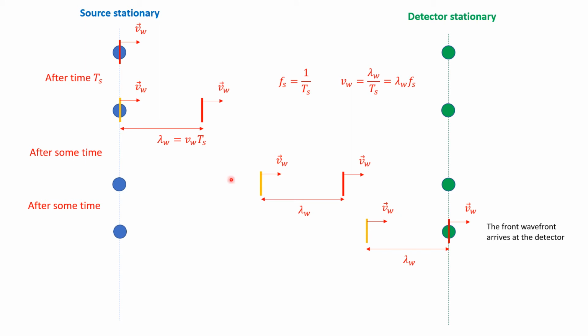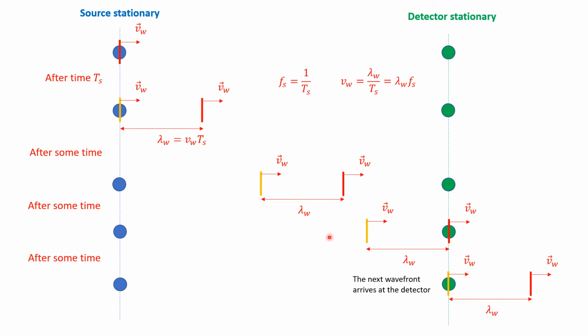Okay, after some time, the first wavefront will hit the detector that's at rest. So that's what happens at this point in time. And the second wavefront is one wavelength to the left of that. If you wait after some time, the second wavefront will hit the detector.